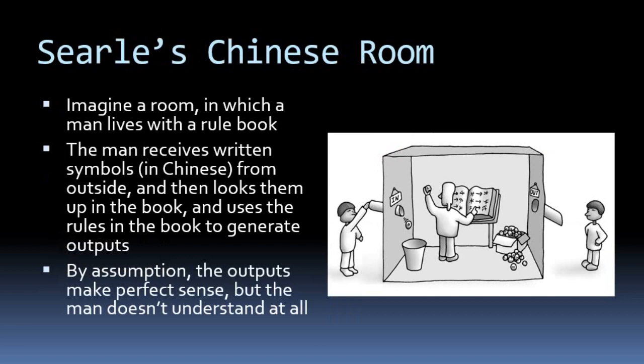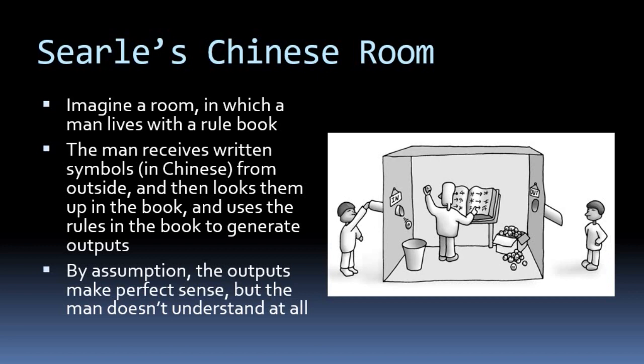So the thought experiment goes something like this, and it's supposed to show you that mere symbol manipulation can never equal intelligence. So imagine there's a person living in a room, and all that's in the room is a very elaborate book or set of books with rules for taking one symbol, and you say, okay, if you see this symbol, then you write down this symbol.